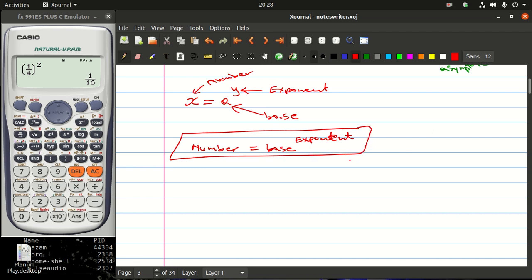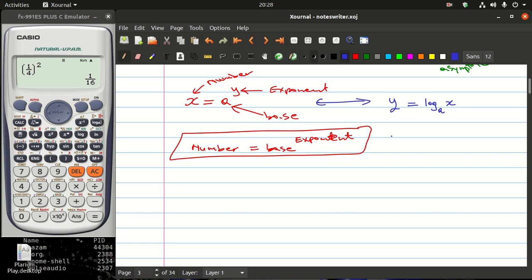Now, what is this function that we actually define? We define this function in such a way that it is the same function as this function here, but now y is the subject of the formula. So you're going to have y is equal to log, which is a logarithmic function, a x.